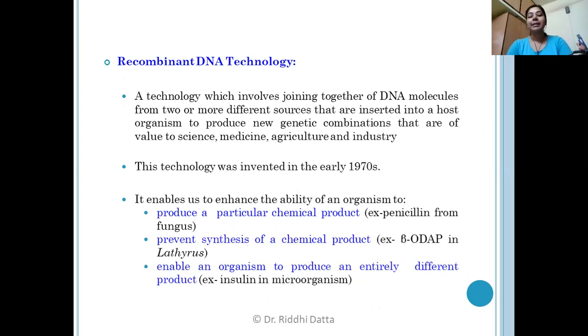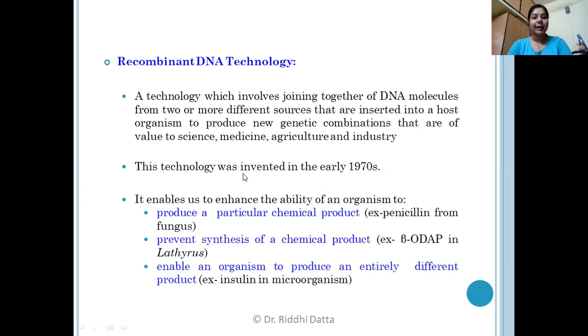So what basically happens, we first have to select the gene of interest and we will join together these DNA fragments from two or more different sources, and we will then introduce this recombinant DNA molecule inside a host cell, and this host cell will now produce a new genetic combination, and this genetic combination will be of value to science, medicine, agriculture, and many other industrial purposes.